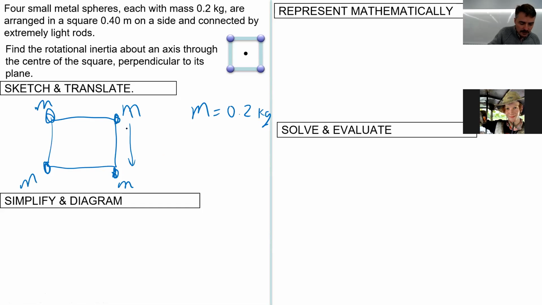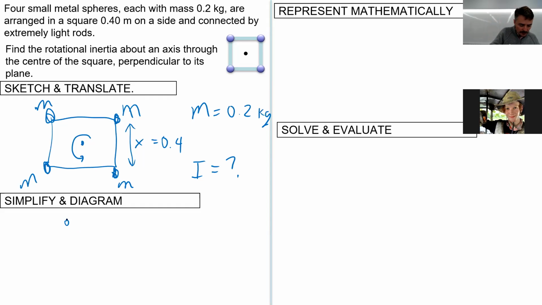This distance here, we can call x, is 0.4. Find the rotational inertia of the whole thing, where the rotation axis is through the center of the square, perpendicular to the plane of the square.